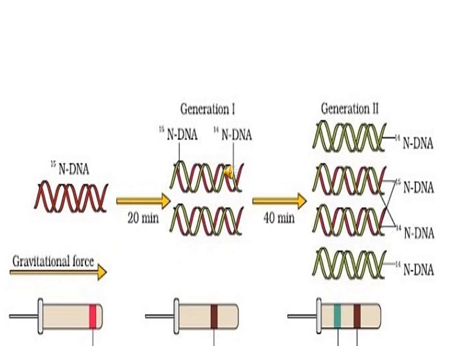CsCl density gradient centrifugation was used to determine the mass of genomic DNA before and after each round of replication. The heavy N15 DNA is the original parent molecule, the hybrid DNA N15 and N14 is the first generation daughter molecules, and the light DNA N14 together with hybrid DNA is the second generation daughter molecules.